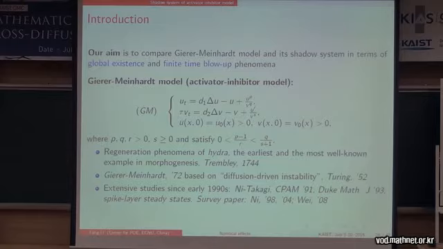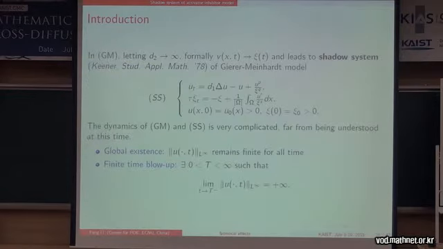Mathematically, when the diffusion rate D2 goes to infinity, formally you can show v(x,t) will approach a function ξ(t), which is independent of the spatial variable, and this leads to the so-called shadow system.